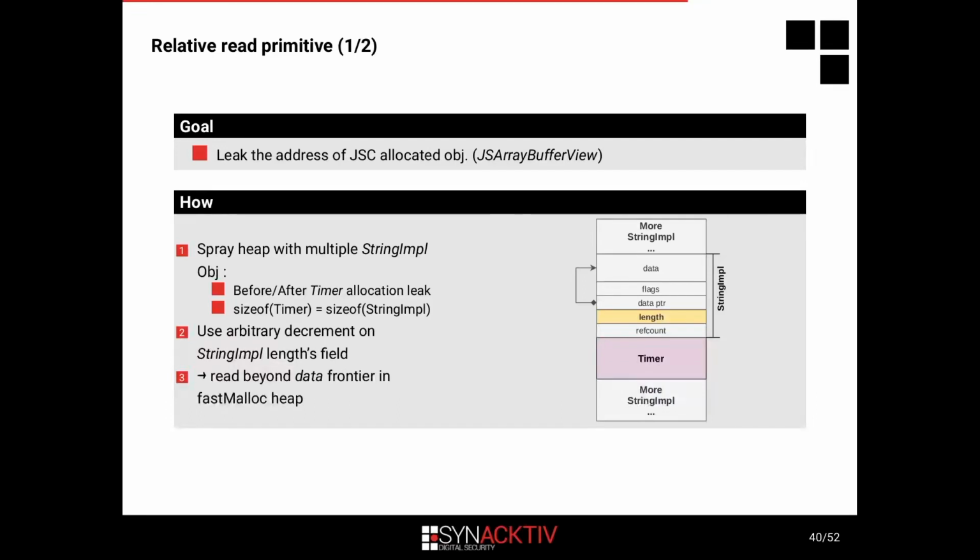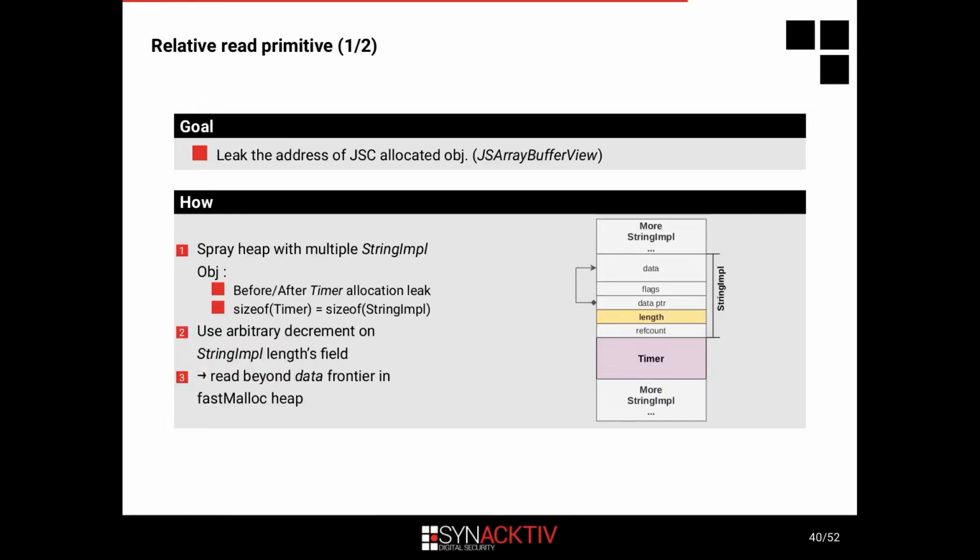So if we can overwrite the length field, then we can read and write arbitrary data beyond the limit of the data buffer. To get the relative read primitive, we will use another object named string impl. String impl is the representation of a string in JavaScript.